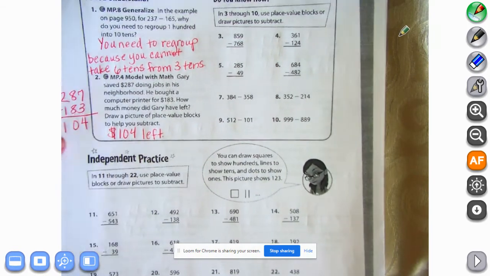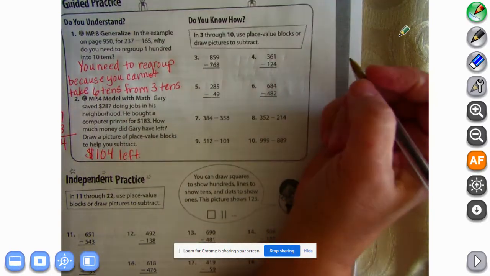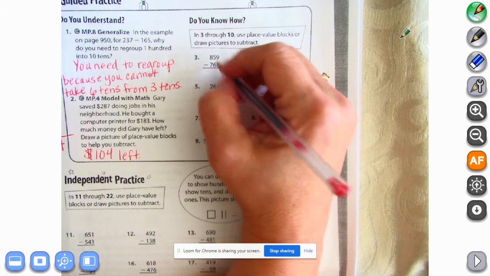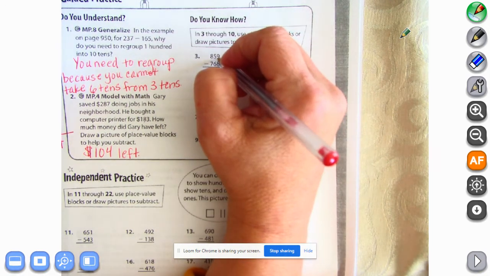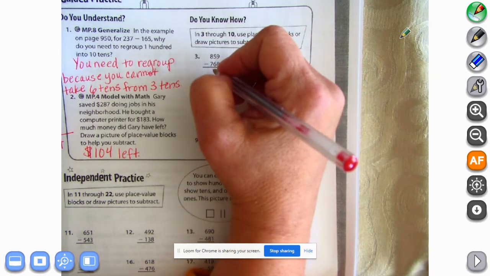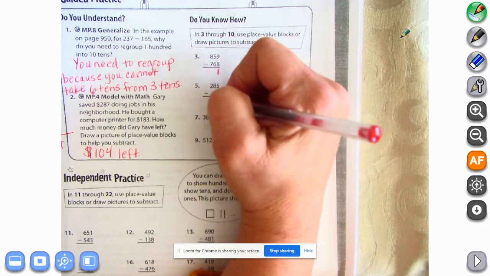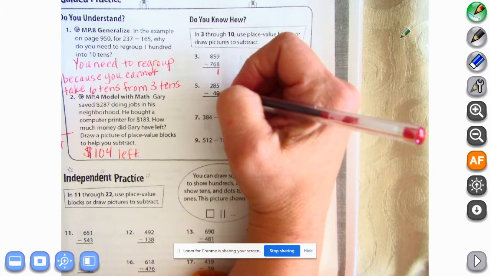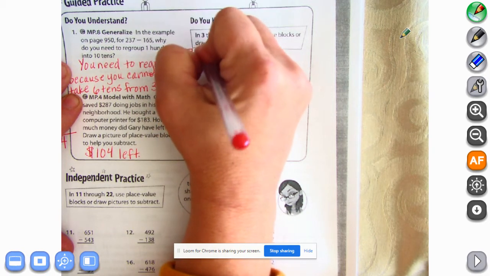Okay. All right, let's go to numbers 3 through 10. We're going to be borrowing and regrouping so that we have enough tens and ones to subtract. So 9 ones take away 8 ones leaves us with 1 left. But we can't take 6 tens out of 5 tens, so we're going to need to regroup. So let's go over. This is equal to having 8 hundreds. So if we had blocks, we'd have 8 of them.